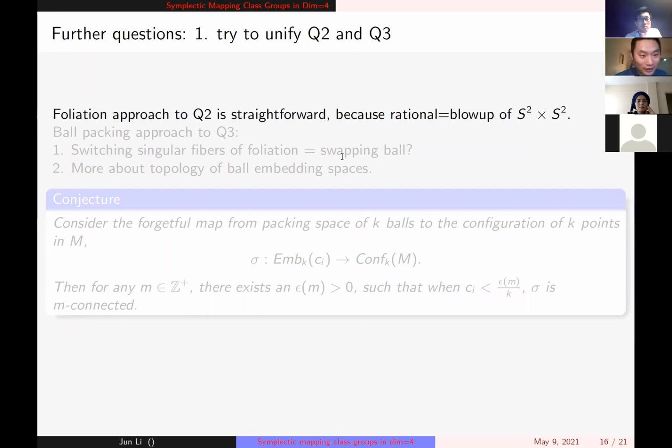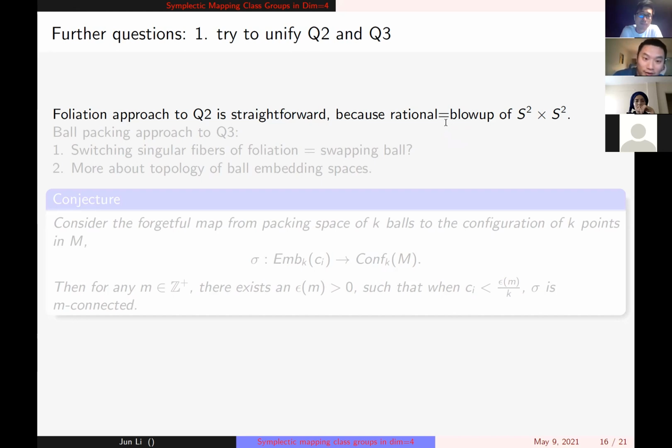Okay, so for the first direction, if we are trying to apply the foliation approach to, for example, question 2, which means rational surfaces, that's sort of straightforward. I actually believe there is at least a reproof using foliations, because if we throw the CP2 and the higher genus surfaces away, we basically have blowups of S2 cross S2. The same foliation actually appears there.